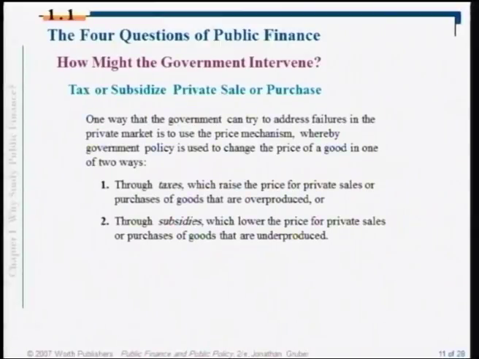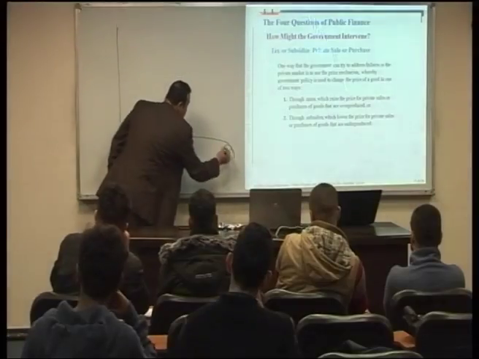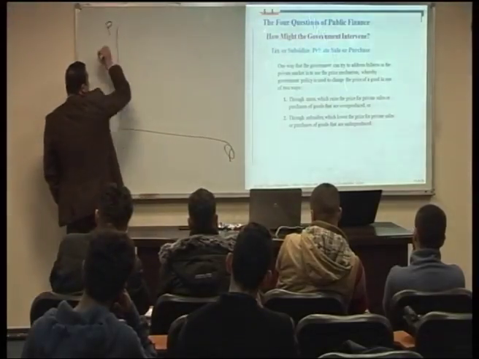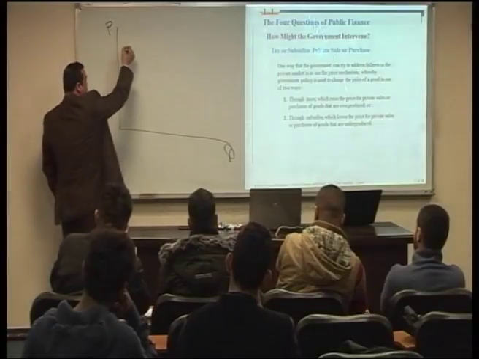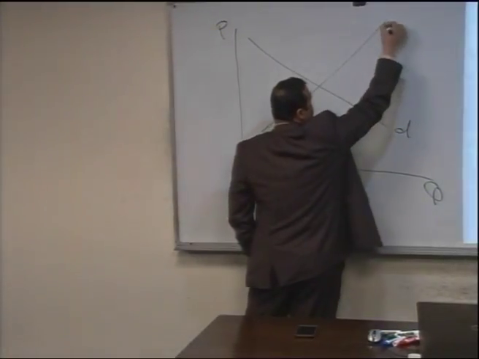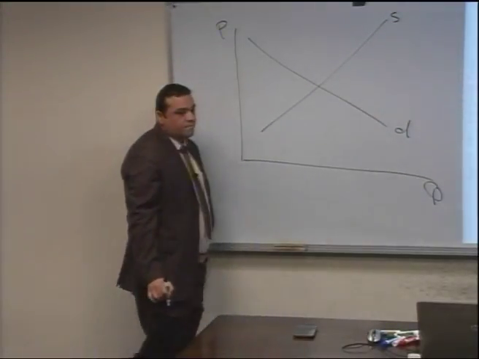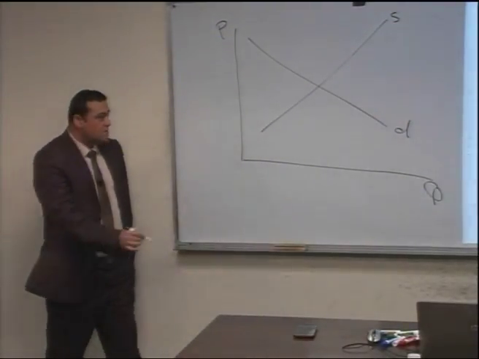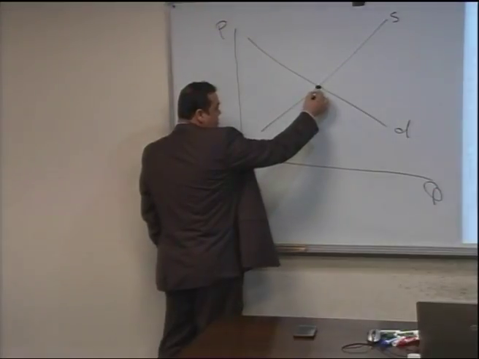To understand the idea here, let us assume that we have the following situation. Quantity and prices. The equilibrium occurs when demand intersects the supply curve. And let us assume here that the equilibrium is here, E.